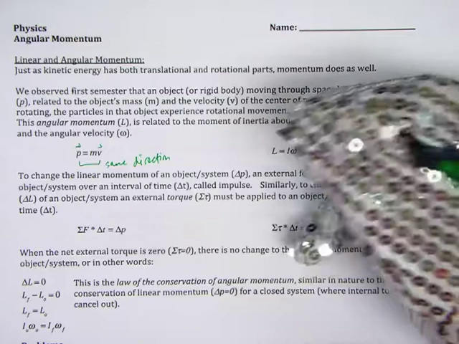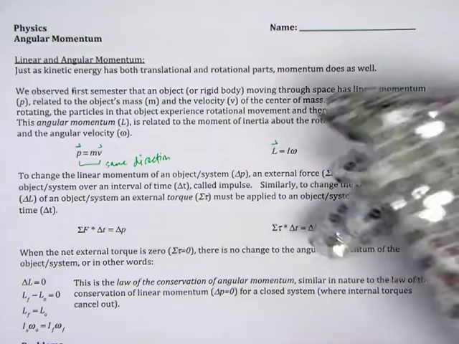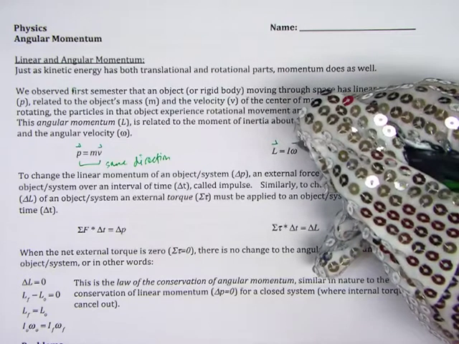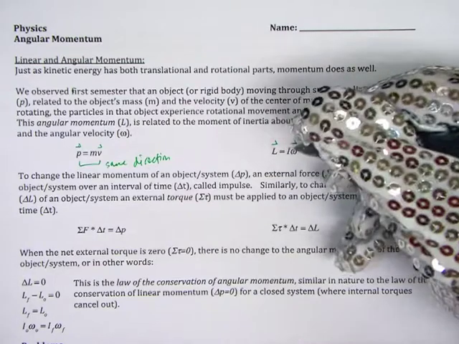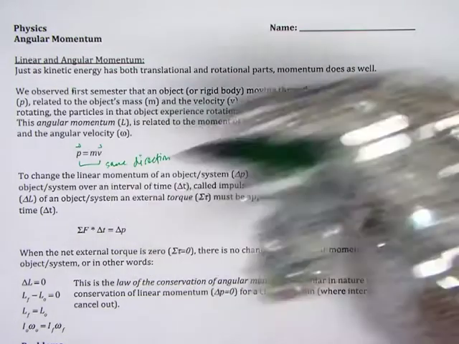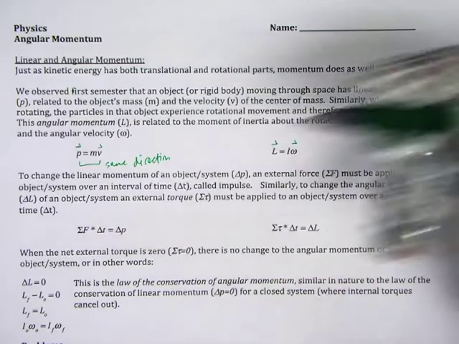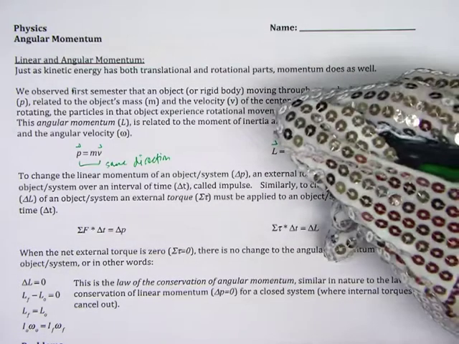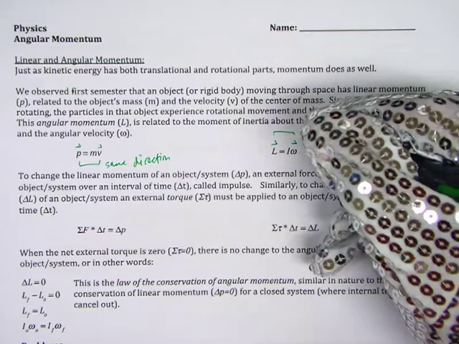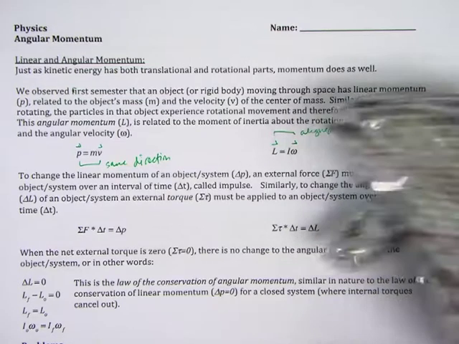The angular momentum, capital L, of an object rotating at an angular velocity, omega, is going to be proportional to the moment of inertia I, just like mass is proportional to the linear momentum P. So L equals I omega, where L and omega are also aligned in the same direction.